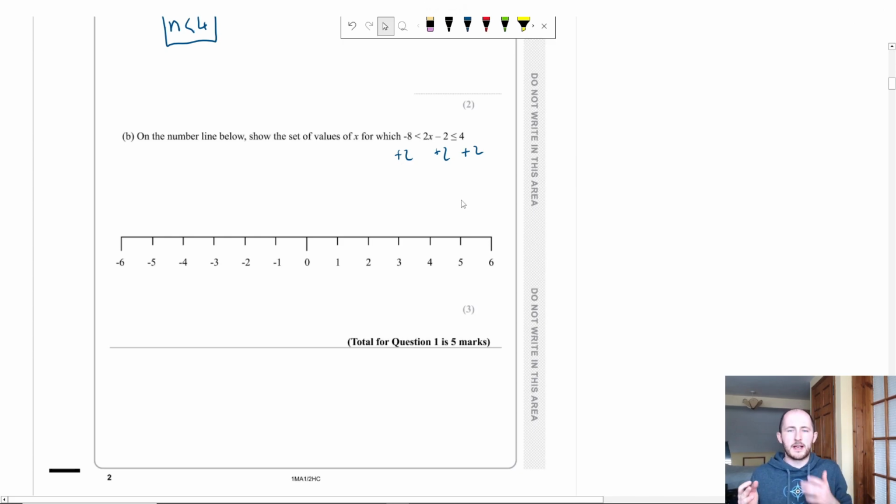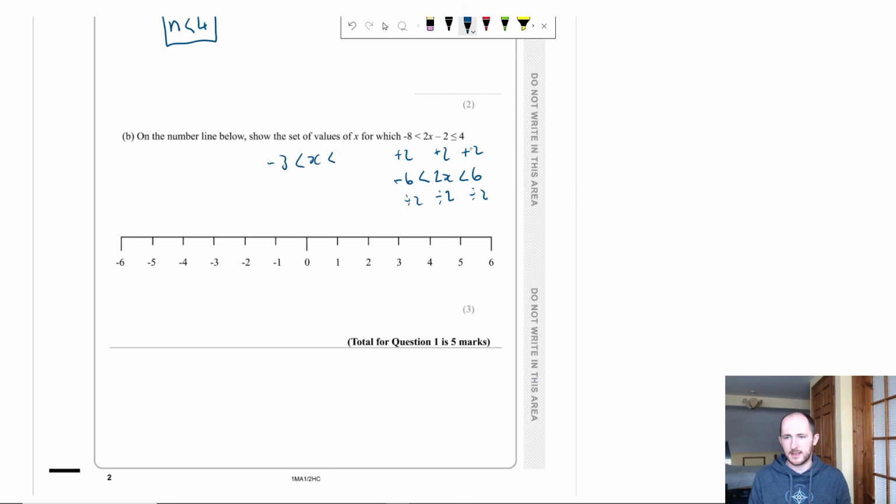Some people like to separate this into 2 separate inequalities, rearrange them and then smash them back together, but you can just do it all at once. So add 2 to everything, which would give me minus 6, less than 2x, less than 6. Divide all by 2, again all 3 components, and that will give you minus 3, less than x, less than 3.